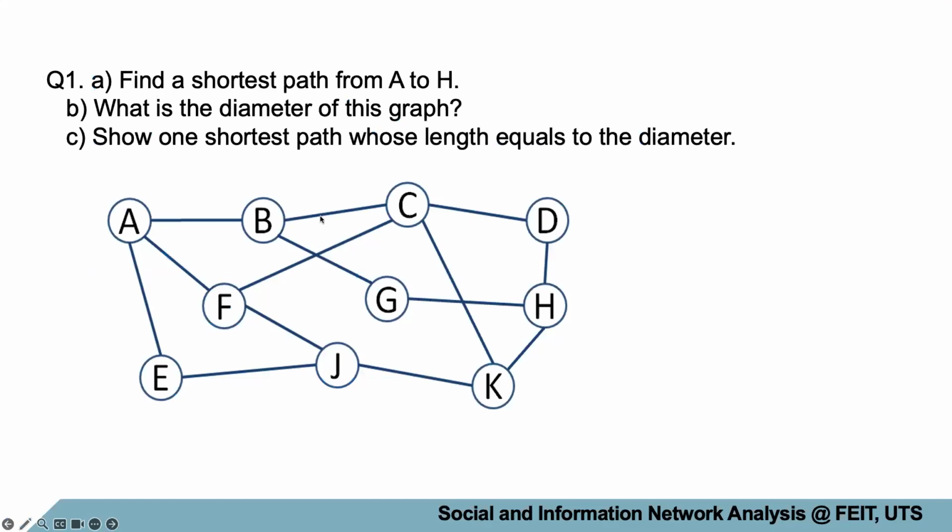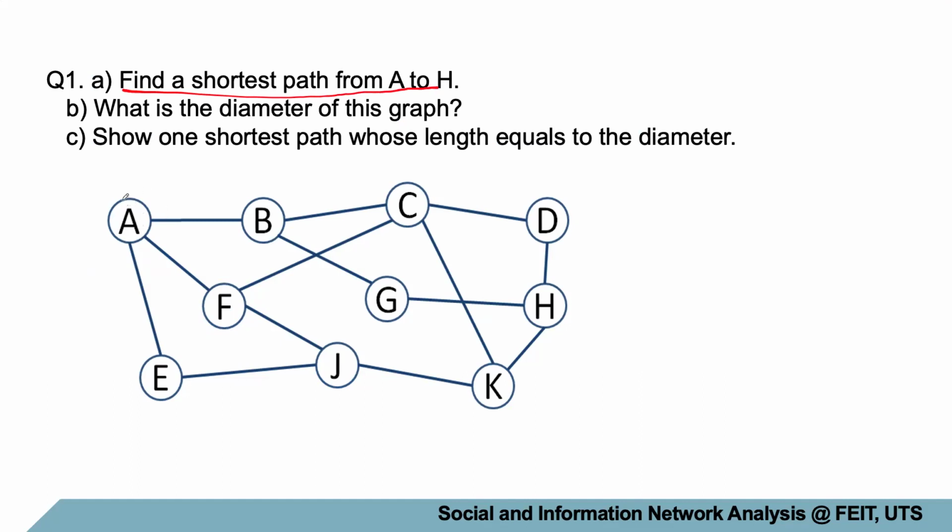Then we come to the problems. So the first problem is to find the shortest path from A to H. Remember we can use BFS to find the shortest path.